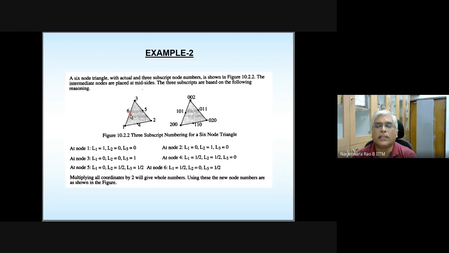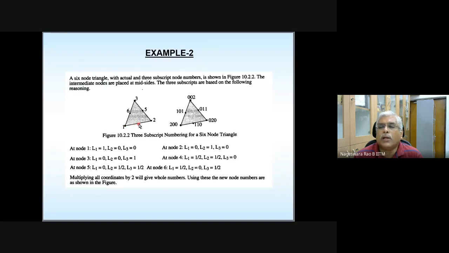Half, 0, half. So in essence, let me once again repeat the L1, L2, L3 labeling for nodes 1, 2, 3, 4, 5, 6. Node 1 is 1, 0, 0.